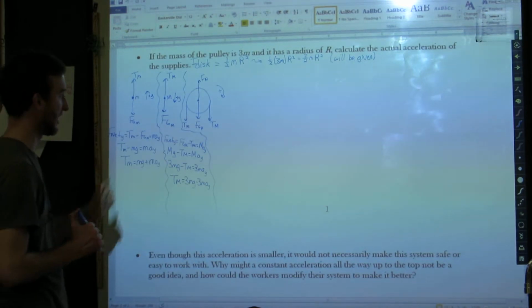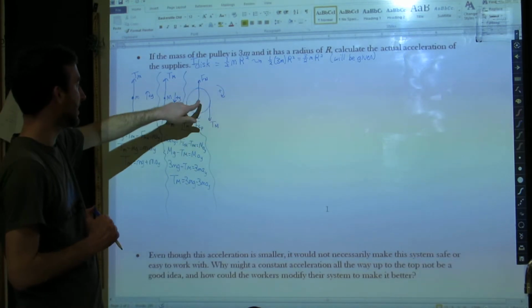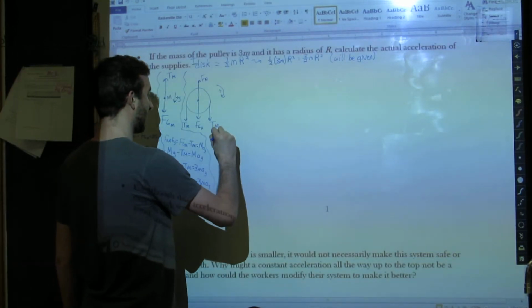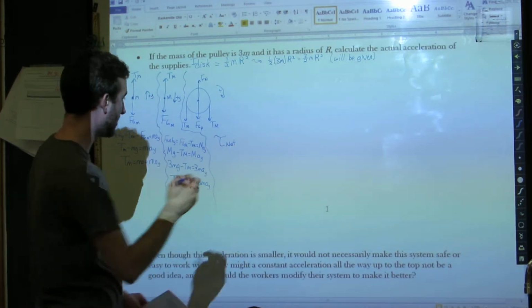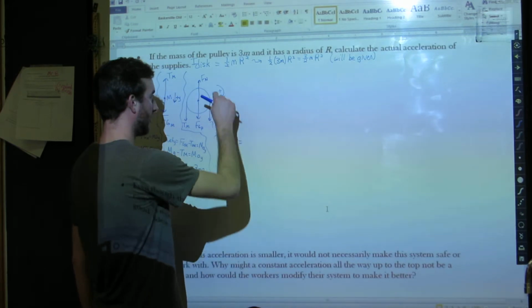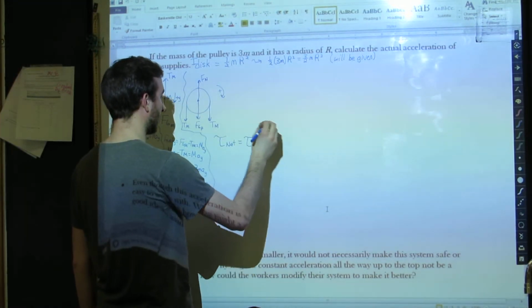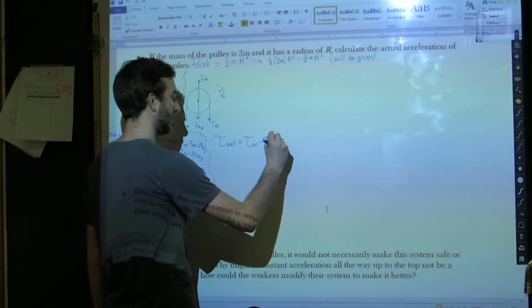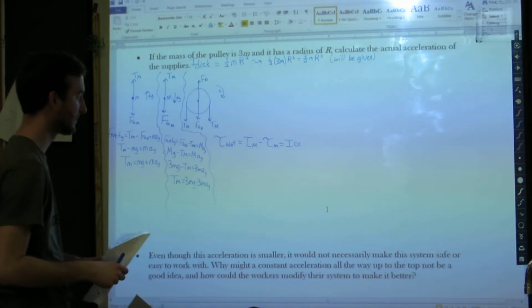The torques. We don't need net forces here. It's not translating. It is not, however, in rotational equilibrium. So we need to write out our net torque equation. Tau net equals the torque that's positive, the torque from the big mass, tau capital M, minus this torque, tau lowercase m, always equal to I alpha.